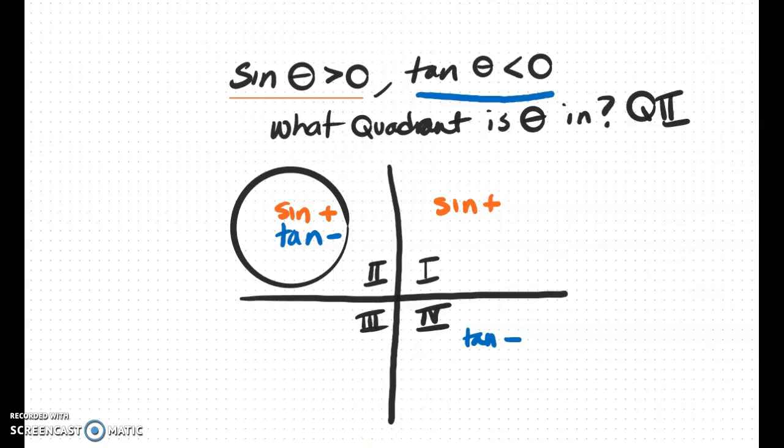Also, we use that to evaluate trig functions like this, for example, when we're finding reference angles. But first let's talk about what a reference angle is and how to find it. So let's look at the 4 quadrants.